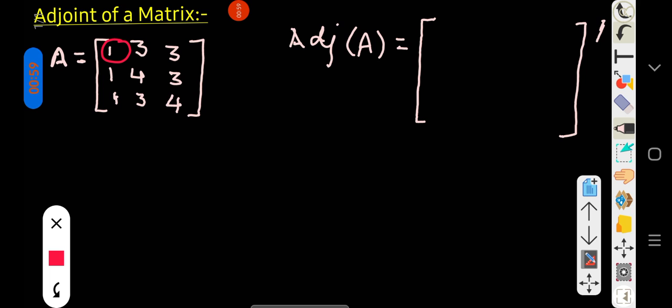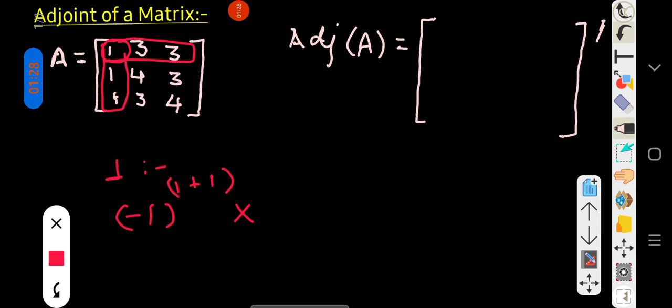To get the cofactor of 1, we have to exclude the row and the column in which this 1 is present. That means we will be excluding the first row and the first column, right? And the rest of the elements we have to consider. So to get the cofactor of 1, we will write minus 1 raised to the power of the sum of the row and the column in which 1 is present. This 1 is present in the first row and first column, right?